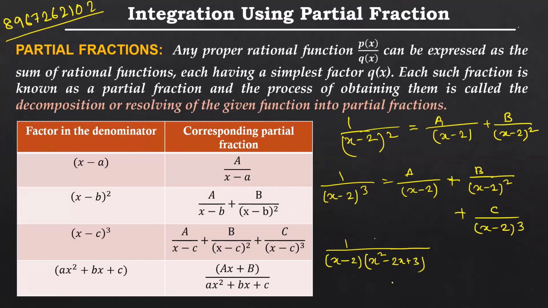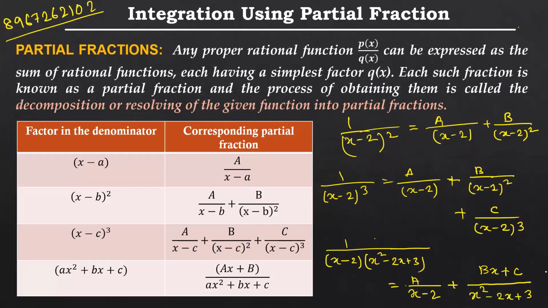For x minus 2, you can take a by x minus 2. But for the second part, which is a second degree portion, you have to take a first degree polynomial in the numerator, that means bx plus c over x square minus 2x plus 3.